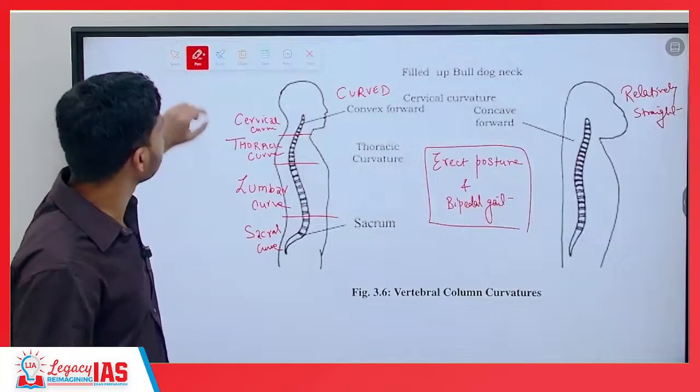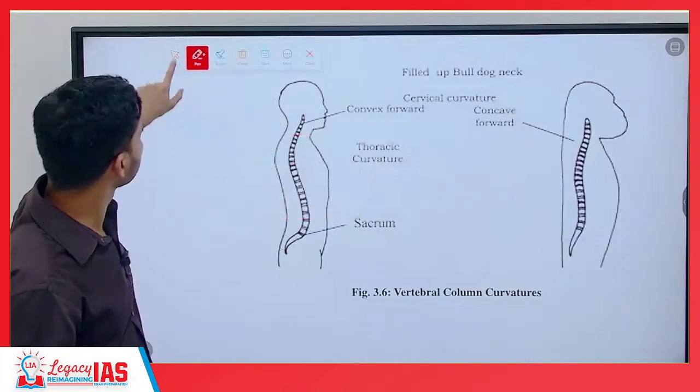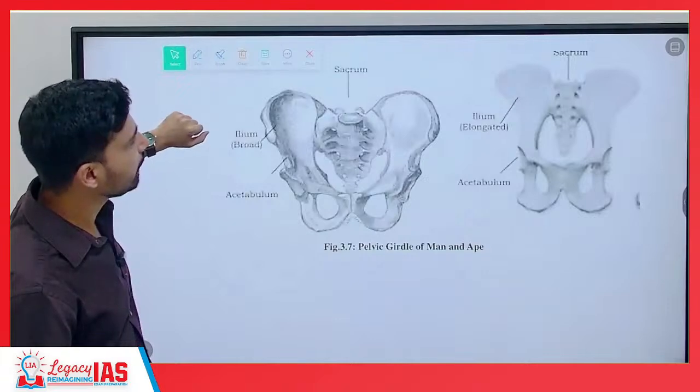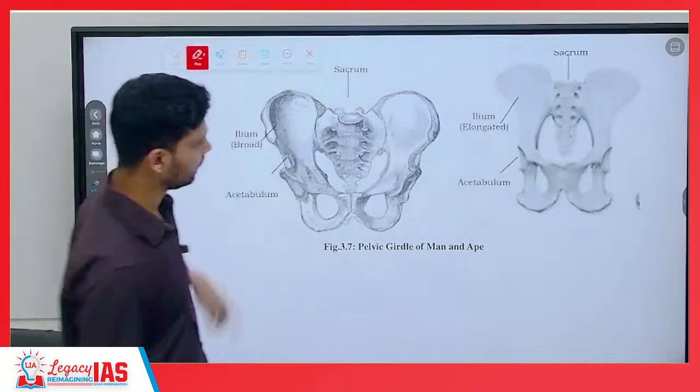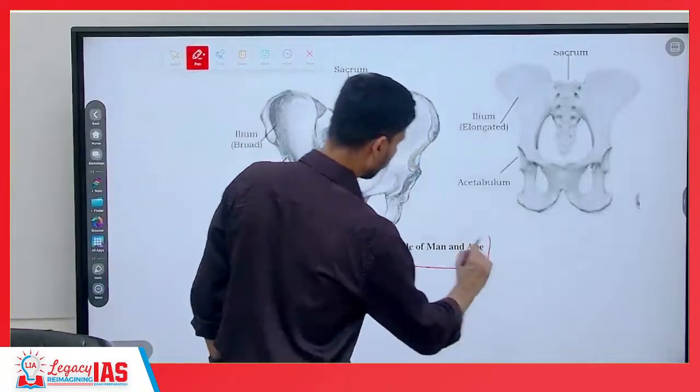That is about the spinal column. Next, in postcranial features, we can talk about the pelvic girdle. The heading can be: the pelvic girdle of man and ape.